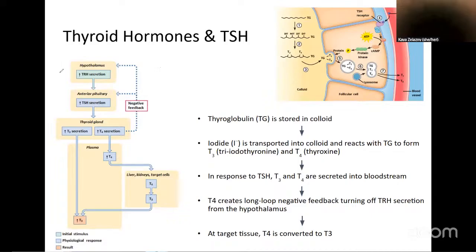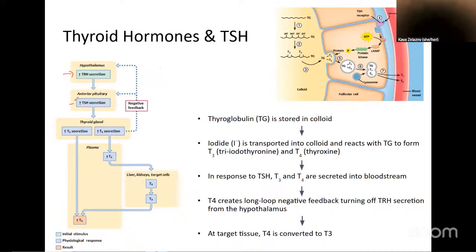All right, so this is one of those pathways coming from the hypothalamus and the anterior pituitary. We'd start in the hypothalamus. We're going to start with secreting this TRH, our thyroid releasing hormone. Then we pop down to the anterior pituitary through that portal system.